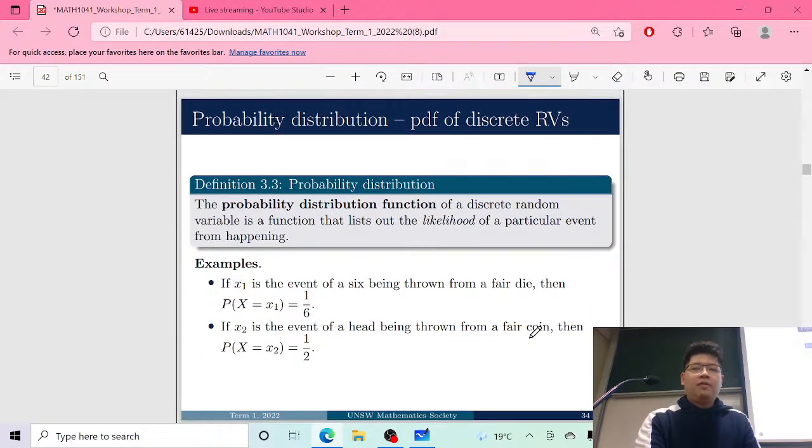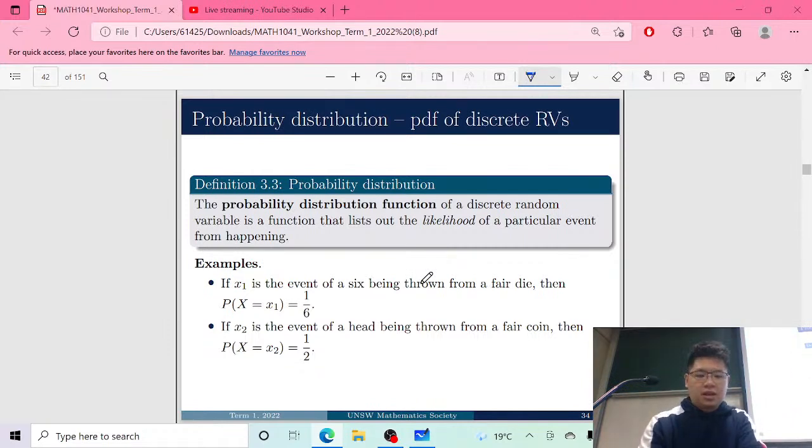So now that we understand what a discrete random variable is, the next thing to talk about is the probability distribution function. This tells you the probability of observing a particular value from that random variable. For example, if x1 is the event of a 6 being thrown from a fair die, which can be 1, 2, 3, 4, 5, or 6, then the probability of the fair die being 6 is just 1/6.